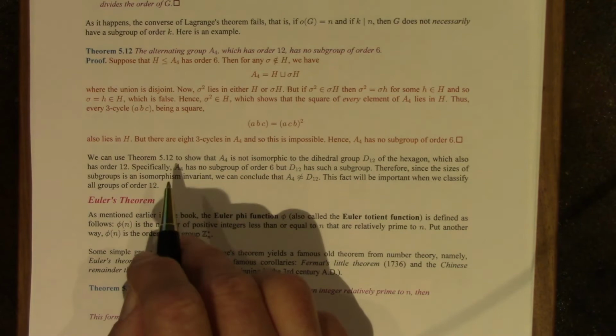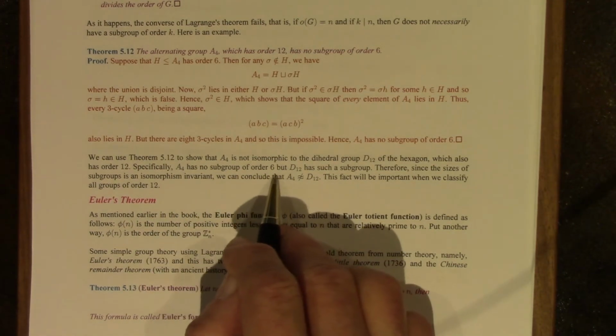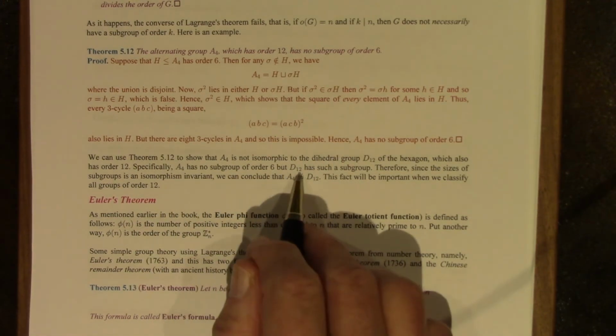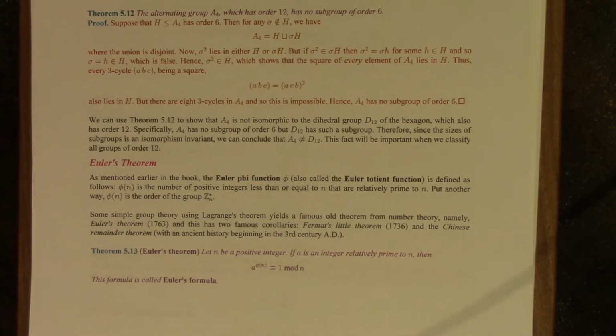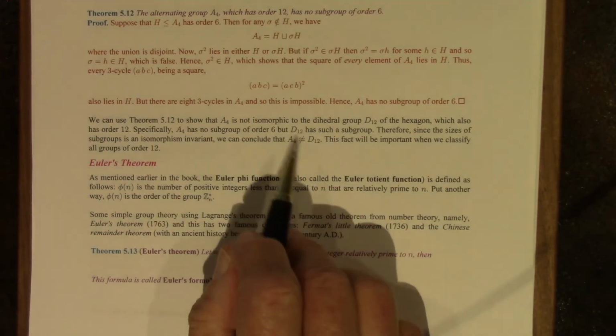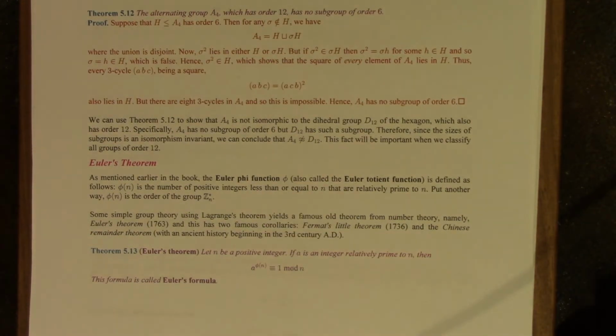Specifically, A4 has no subgroup of order 6. We just proved that. But D12 does have a subgroup of order 6, and I'll let you think on that. But the sizes of subgroups is an isomorphism invariant. So we can conclude that A4 and D12 are not isomorphic.